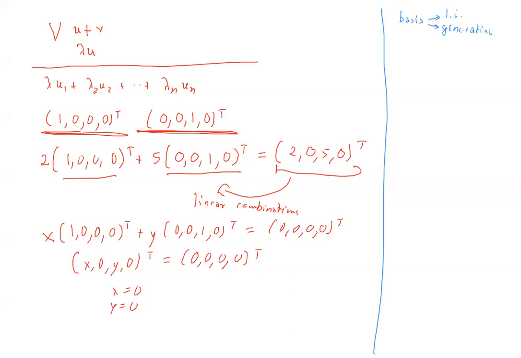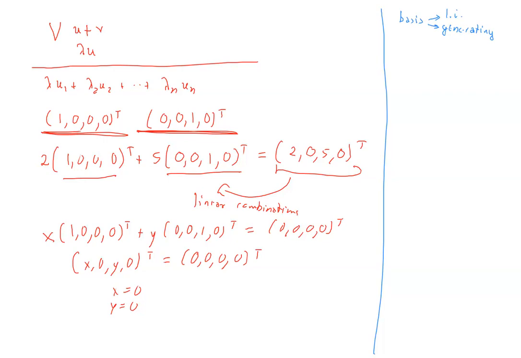But we said that if you are in a space of known dimension, and the dimension is the number of vectors in a basis, then you can actually skip one of the two things and just check that it satisfies one of the properties. Usually, it will be linear independence. So in most of the examples that you're going to see, if you're, for example, in R3 and you have 3 vectors, then you're going to check that they're linearly independent. If they're linearly independent, they form a basis. So you don't have to check that they generate the space.